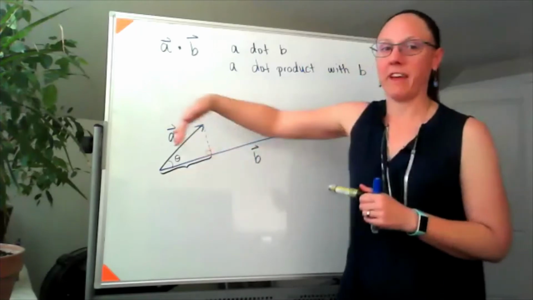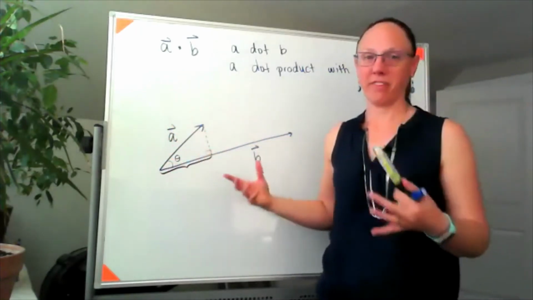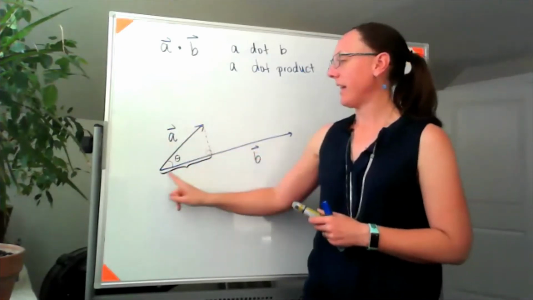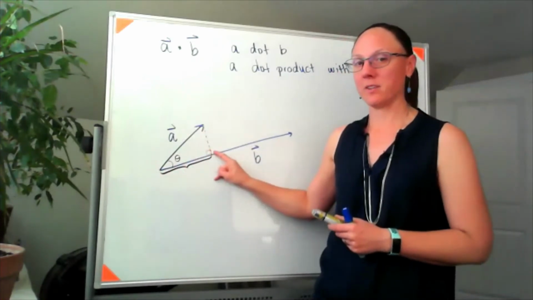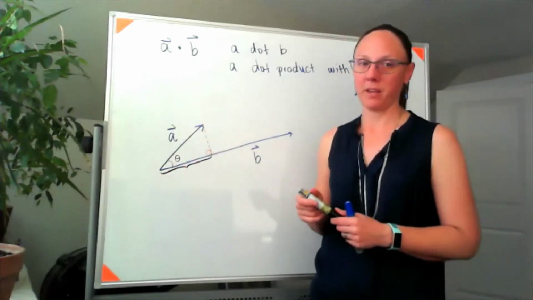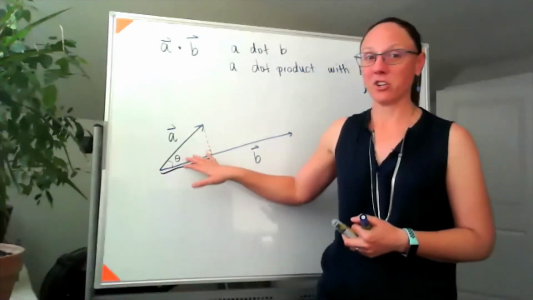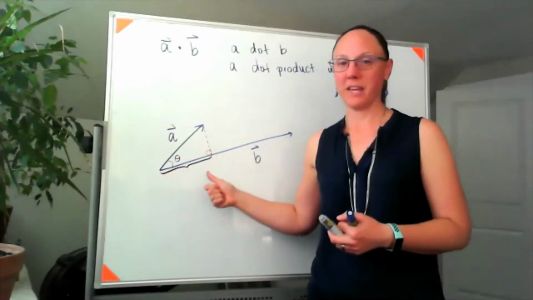Or how much of A is pointed in the direction of B? If I think about decomposing that vector A into a part that's moving parallel to B and a part that's moving perpendicular from B, well, that idea of the dot product is really getting at how much of that vector is moving in the direction of B.